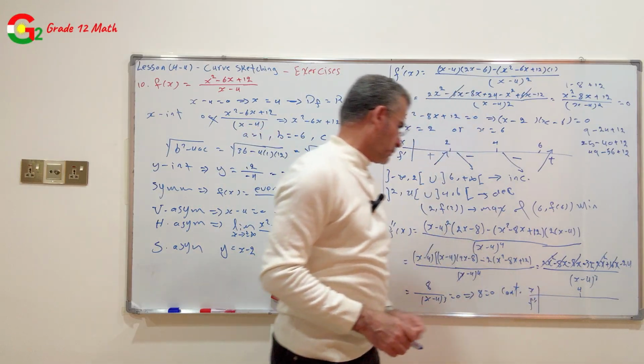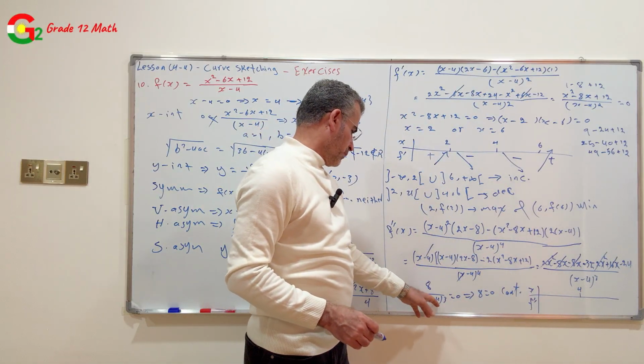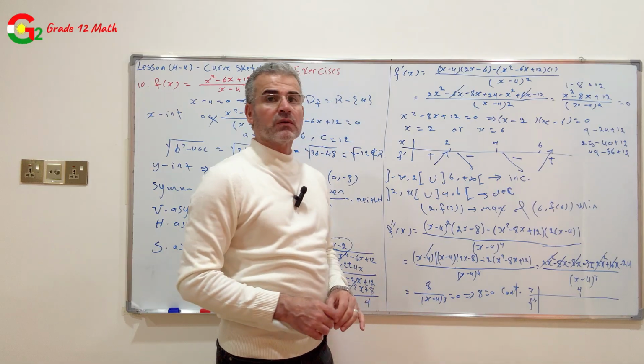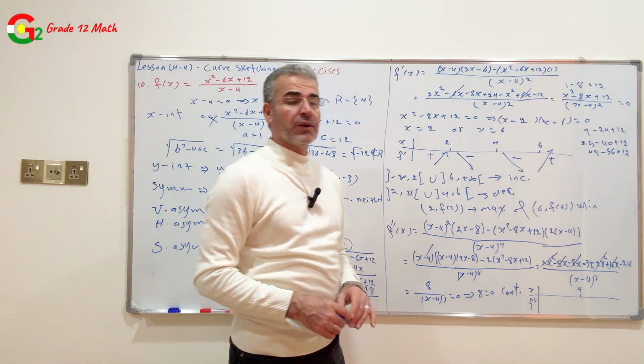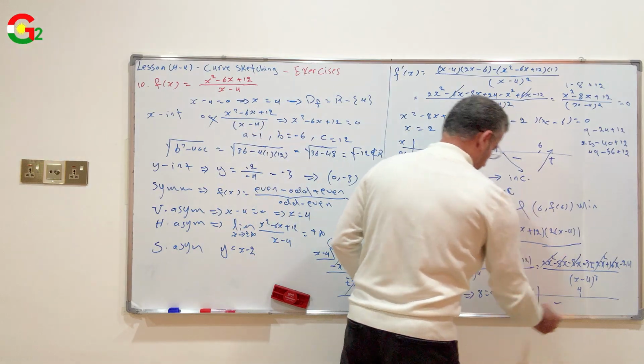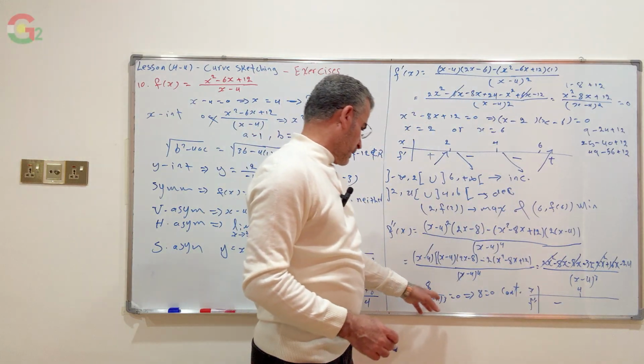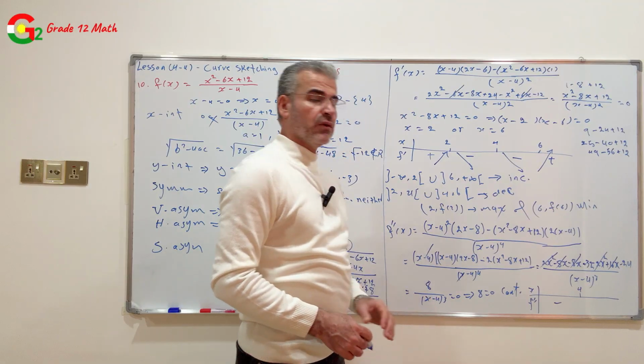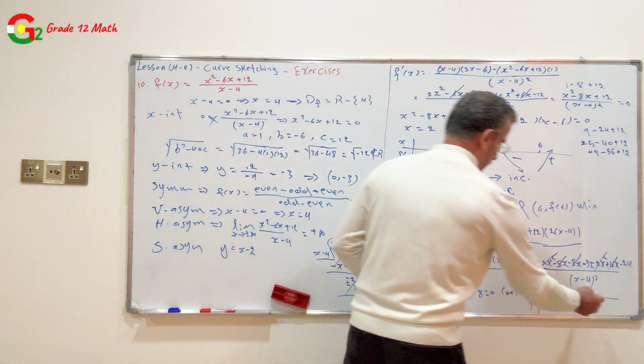Before 4, take 3 minus 4, negative 1, negative 1 power 3, negative 1, 8 over negative 1, a negative value. When x is greater than 4, 5 minus 4, 1, 8 over 1, positive.